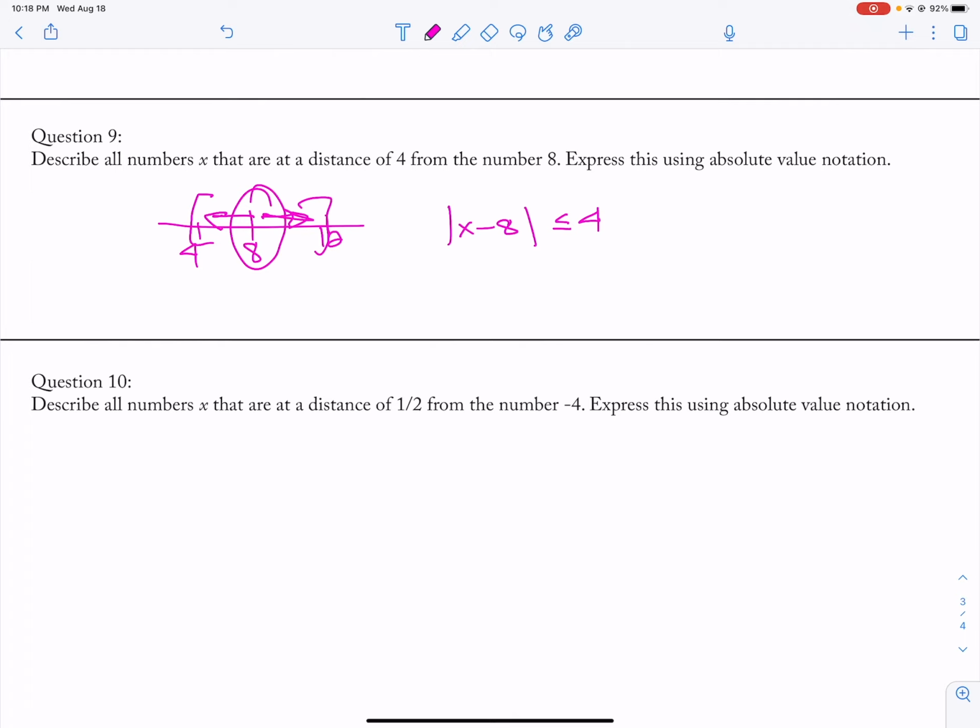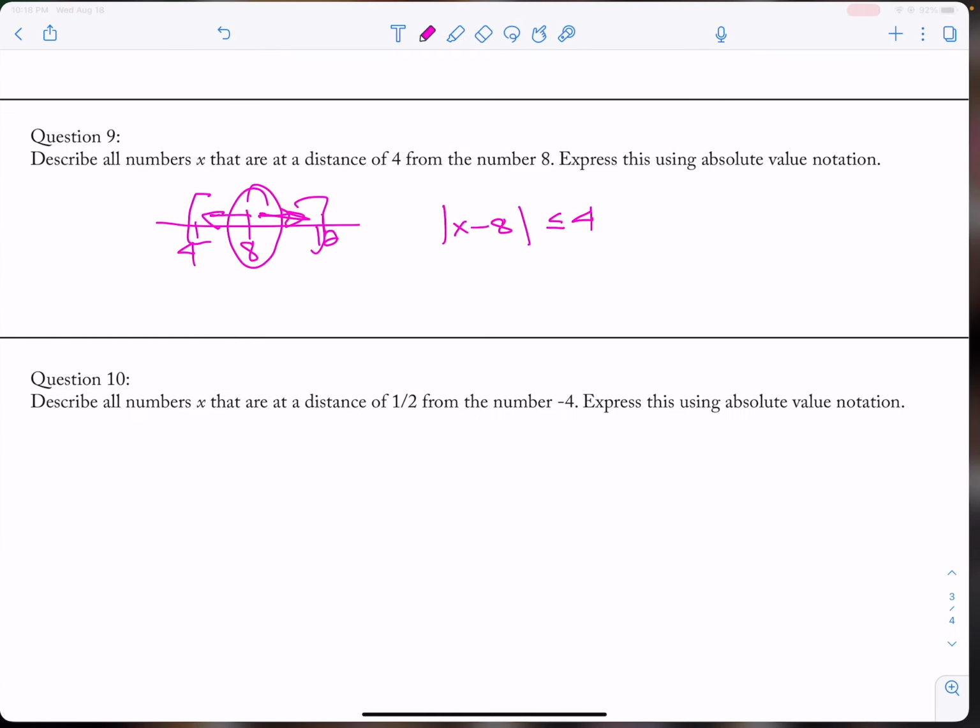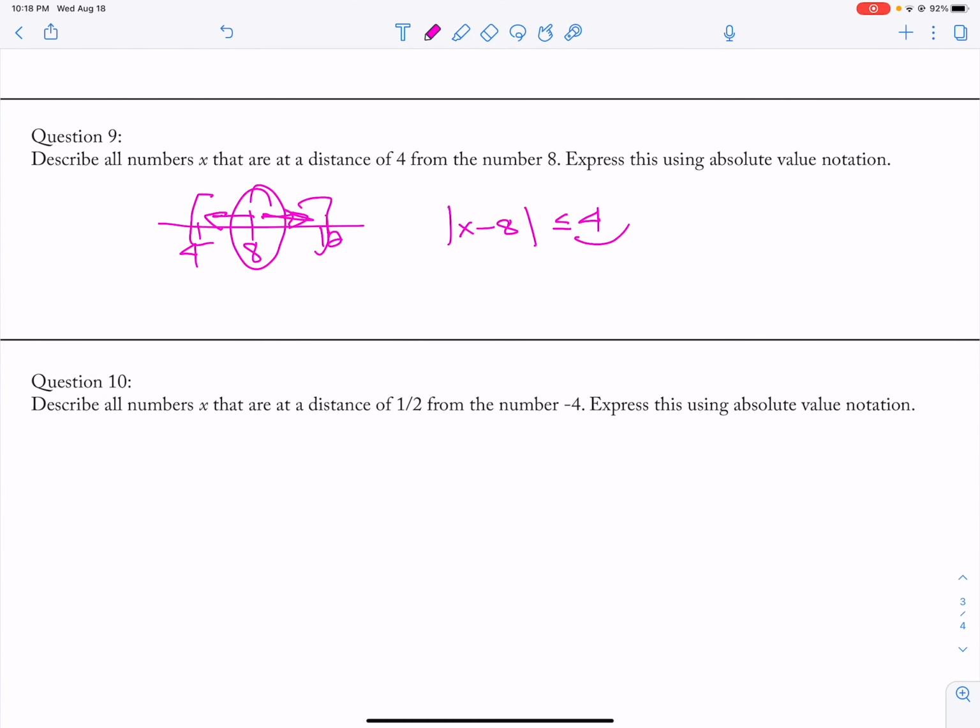If it's an equality, obviously it's just equals, but this 4 represents the distance away from the middle point in the interval. Okay. All right. And that is it for this lesson.